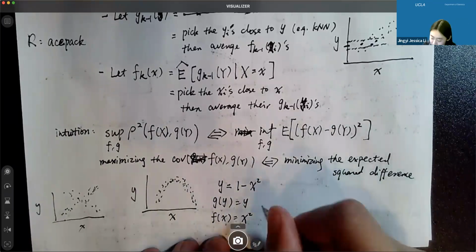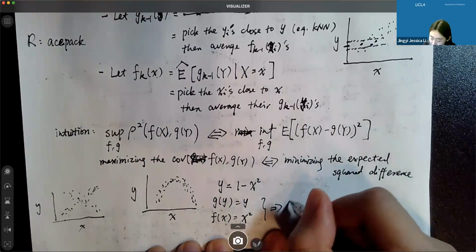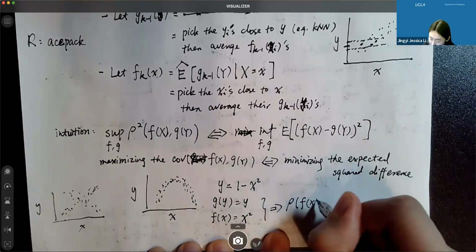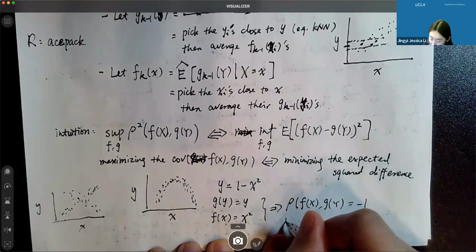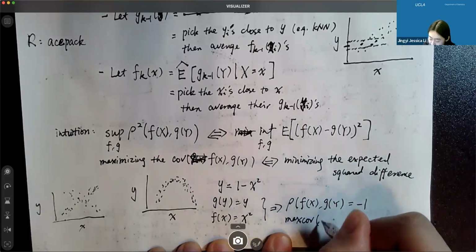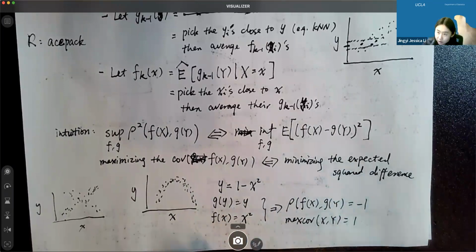Then doing so, you have the Pearson correlation of fx and gy equals -1, and that will give you the maximal correlation of x and y equals 1. So you're fine.